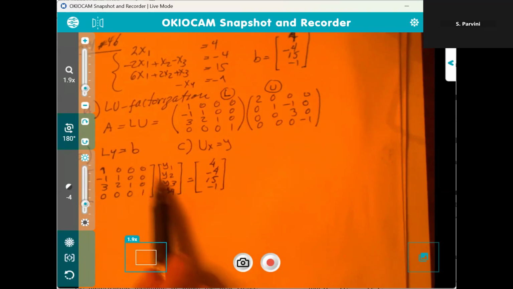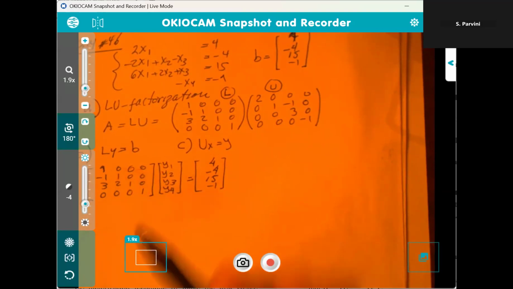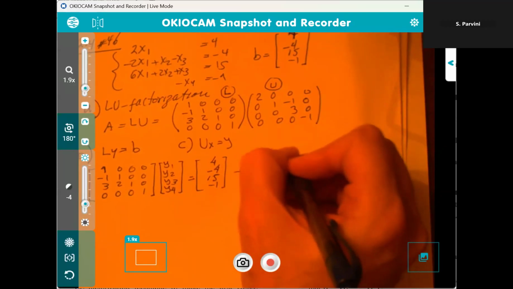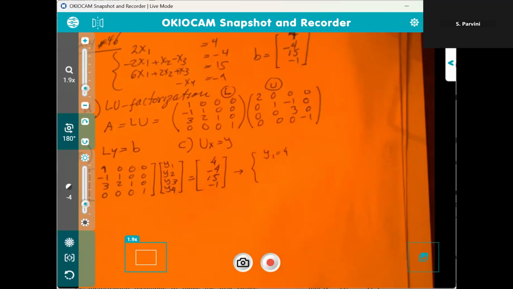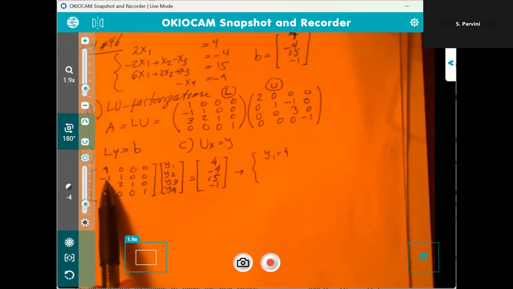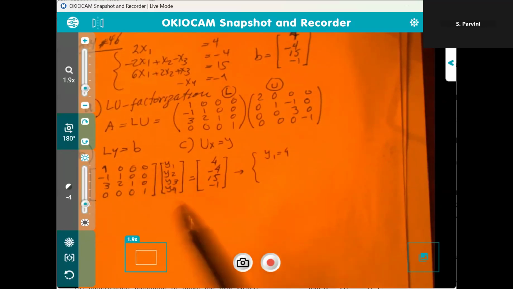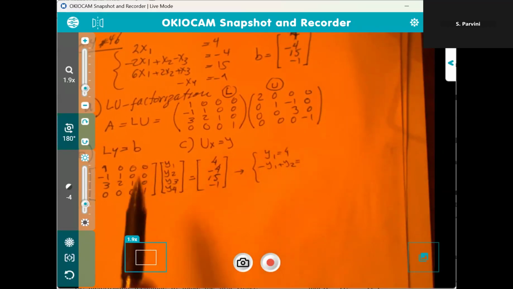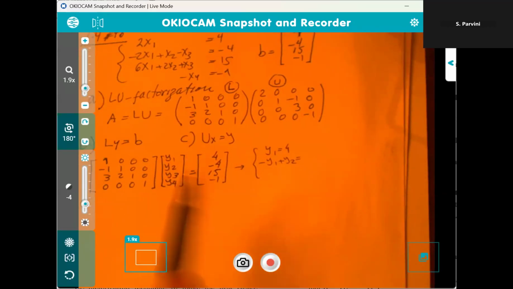That's 0, 0, 0. So from this, we get y1 is 4, correct? From second row times this column, negative y1 plus y2. What should that equal? Negative 4.